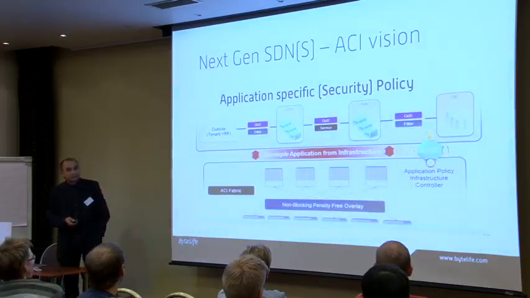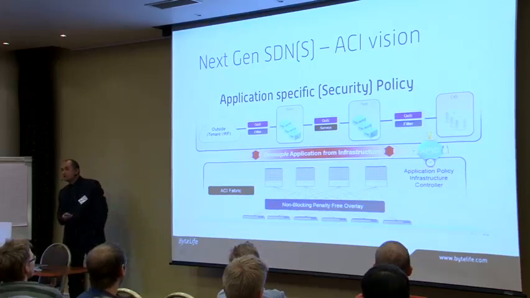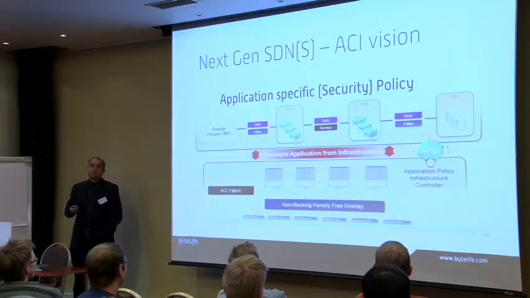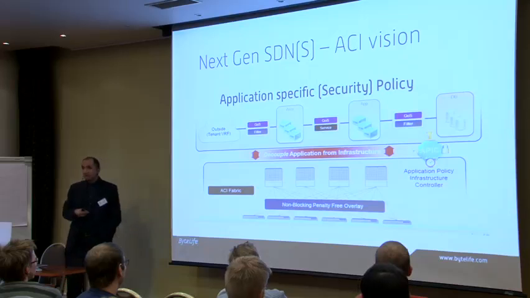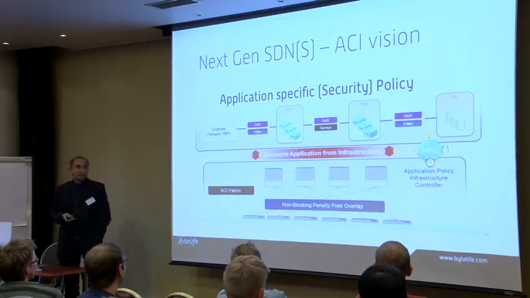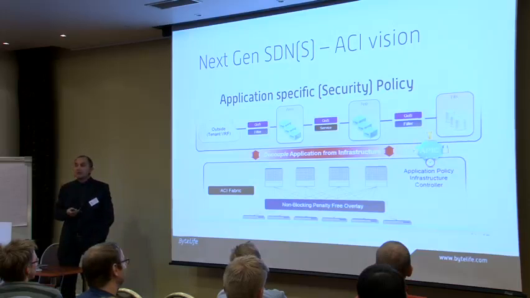Other approaches, there is a kind of next generation software-defined network underlay, which tries to abstract even more. And the abstraction goes to the level where most of the developers find it appealing.